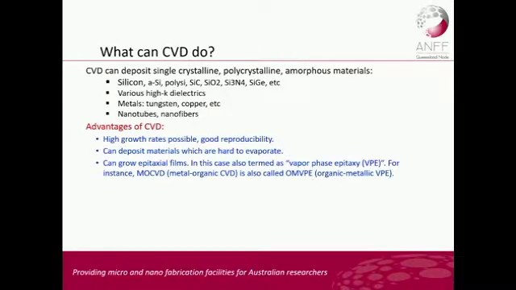The advantage of CVD is it has very high growth rate and can deposit material which is hard to evaporate, and generally gives you a very good quality of film. And the process usually is conformal.